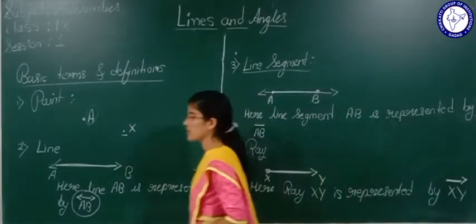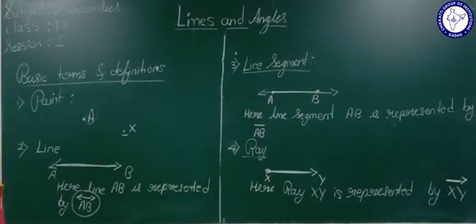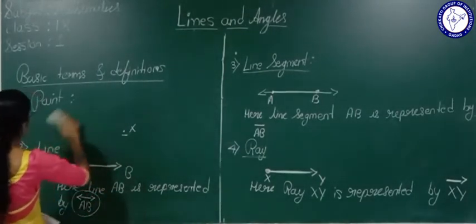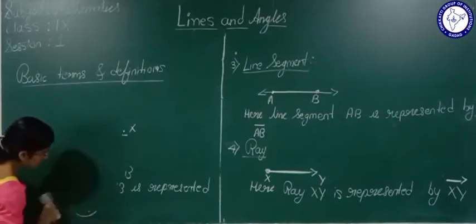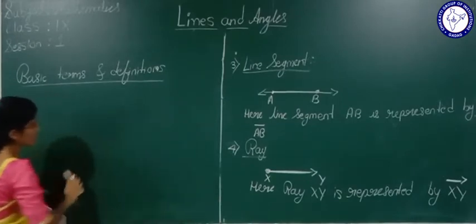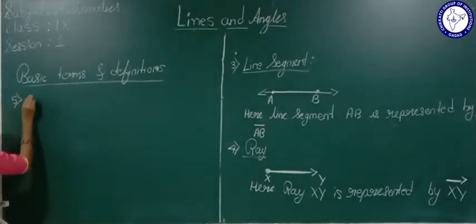This is about the ray. Next we will see what are collinear points.